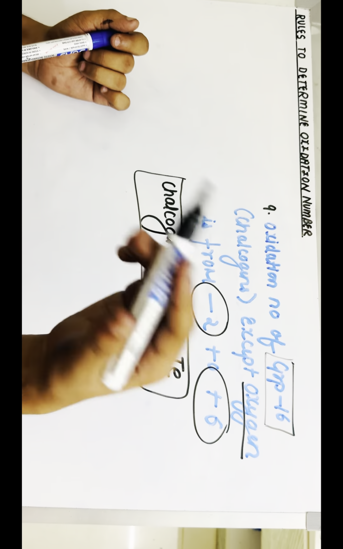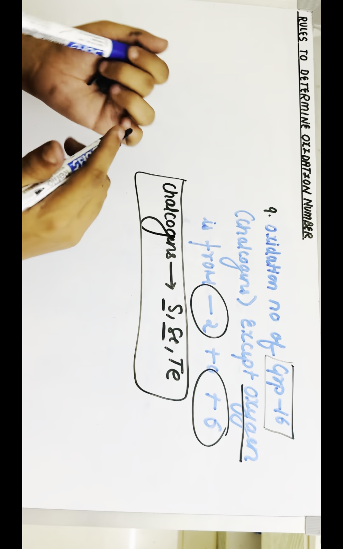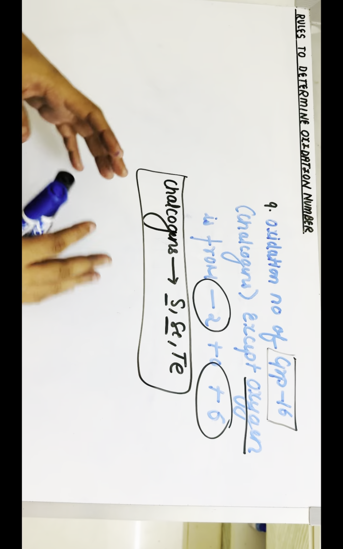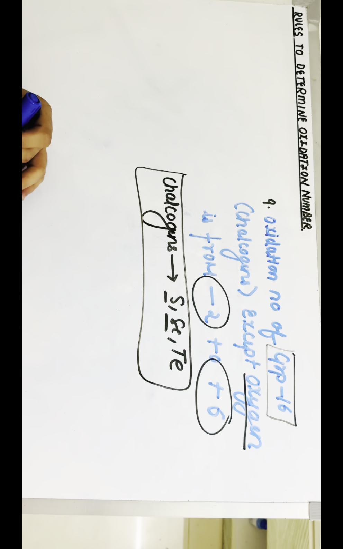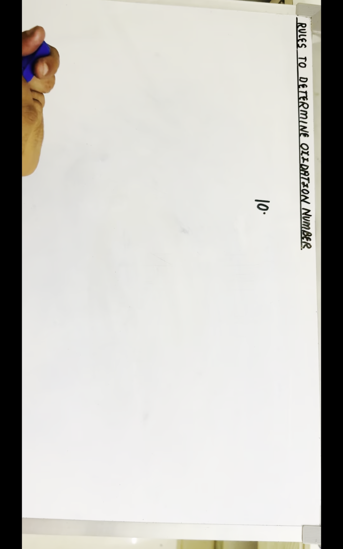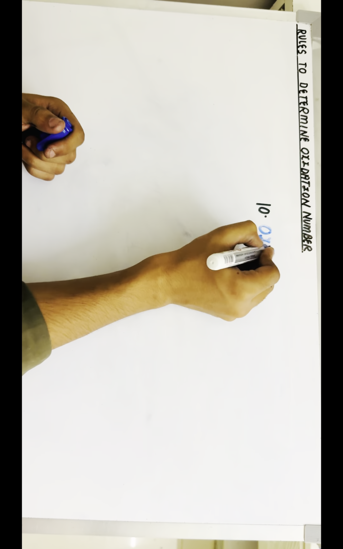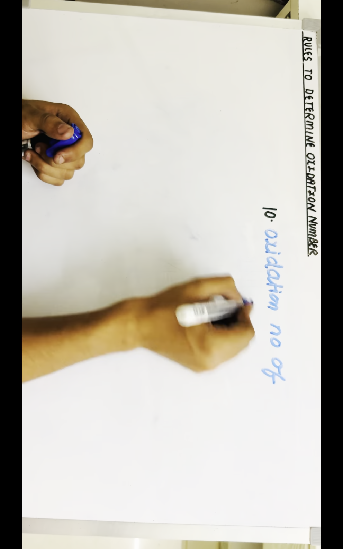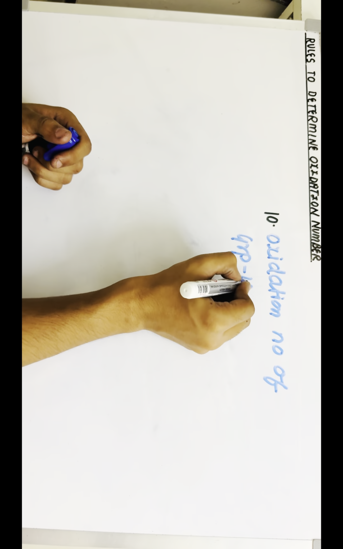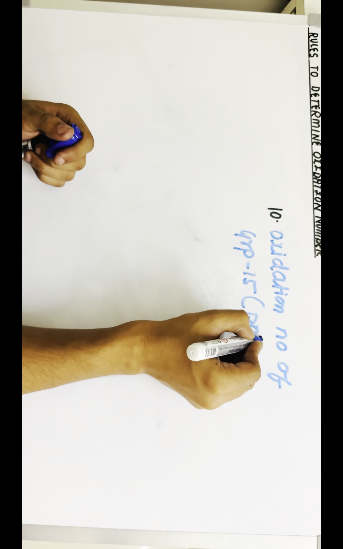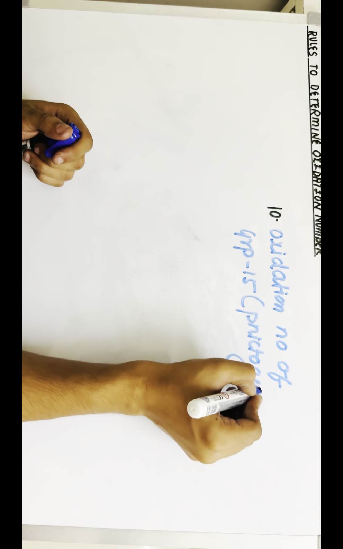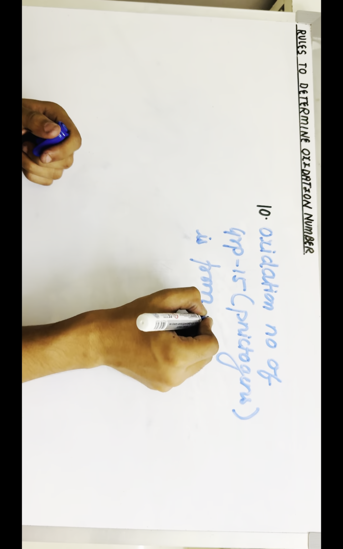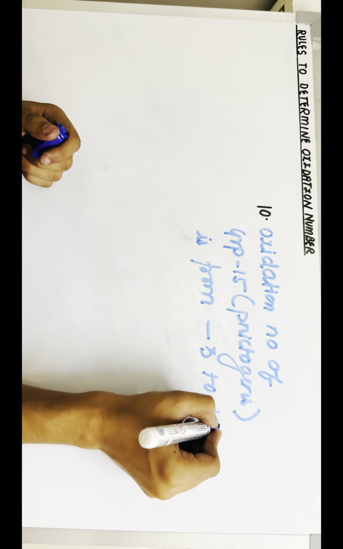See, these are theory points, so the examiner can ask you this type of question in a statement. That's why it is so important to keep all this data in your mind. Now let's come to the 10th rule, which says oxidation number of group 15, that is the pnictogens, is from -3 to +5.